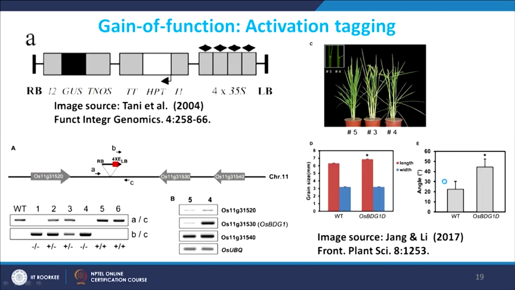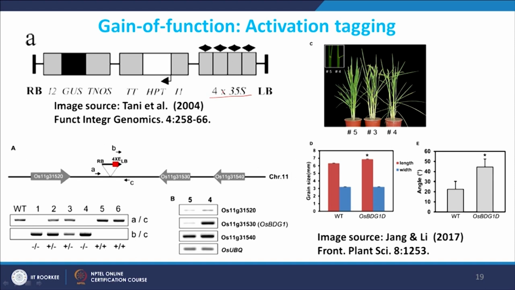So, another way to generate a gain of function mutant is activation tagging. In activation tagging, basically what you do is take a T-DNA construct and put multiple copies of enhancer elements. Here you can take a 4x copy of the 35S enhancer element and then randomly throw it in the genome, and it will integrate.